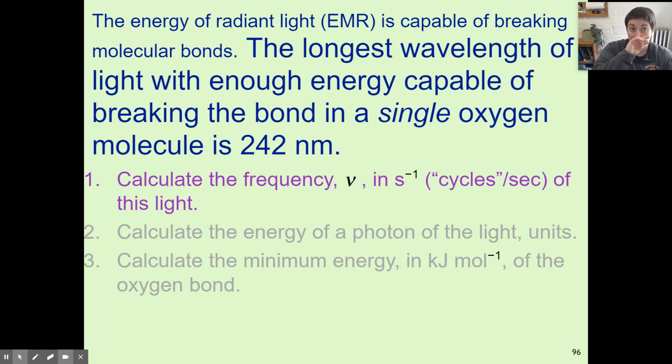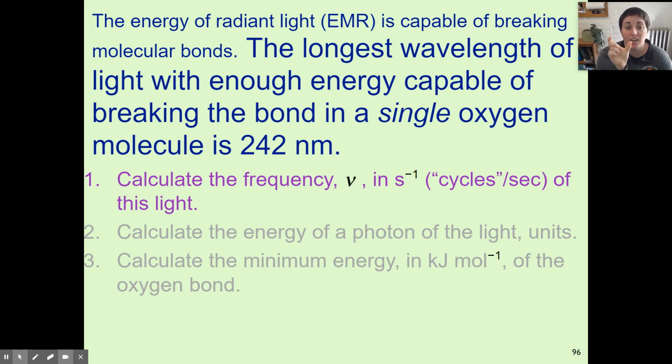So we're going to do some calculations, and these are typical to show up on the AP exam, but they're kind of just plug and chug. All the equations are given to you. You just have to plug in the numbers and solve. The energy of radiant light is capable of breaking molecular bonds. The longest wavelength of light with enough energy capable of breaking the bond in a single oxygen molecule is 242 nanometers.